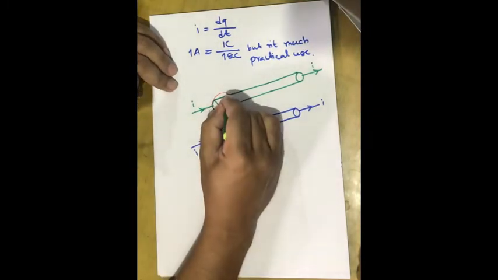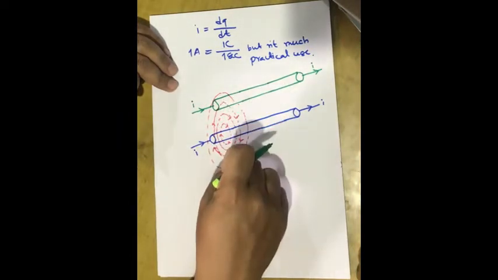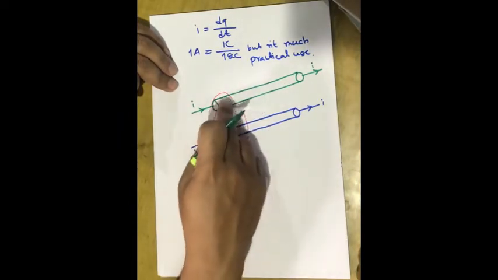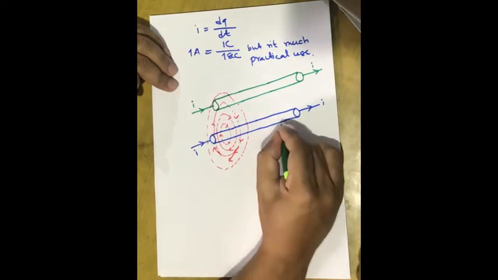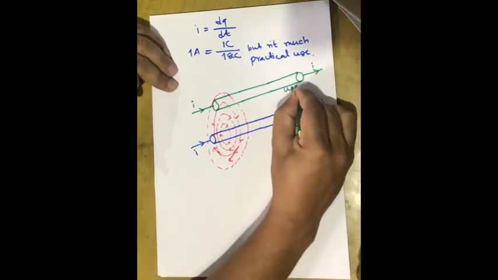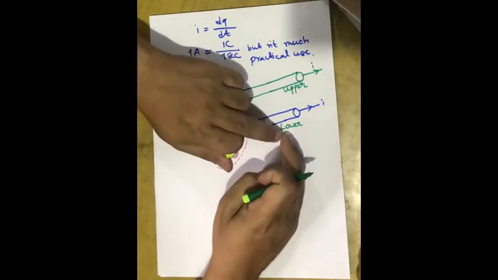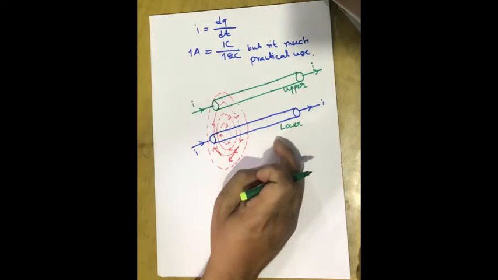Now this conductor will be in the region of the magnetic field created by the lower conductor. Say this is the lower conductor and this is the upper conductor. So the upper conductor will be in the region of the magnetic field created by the lower conductor.